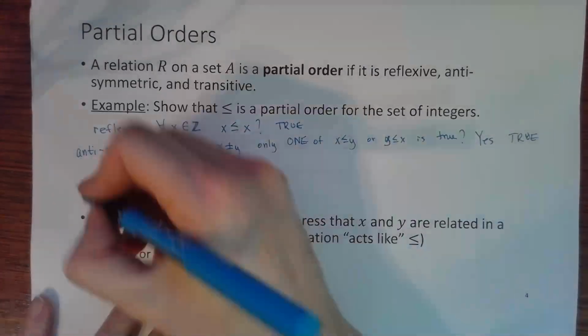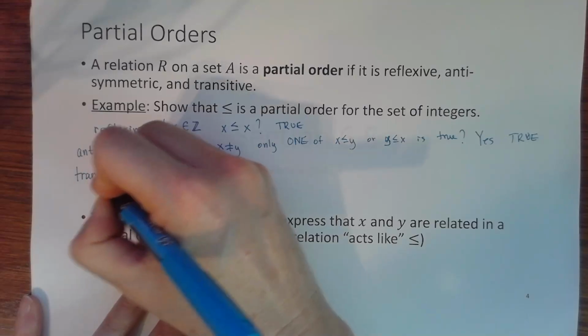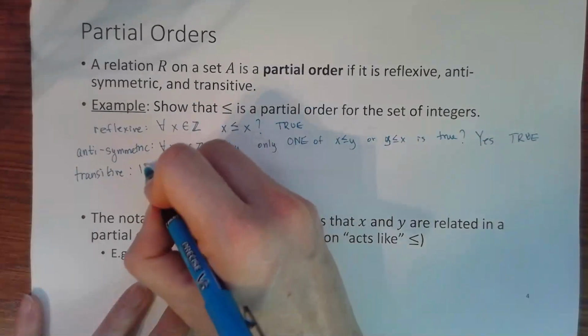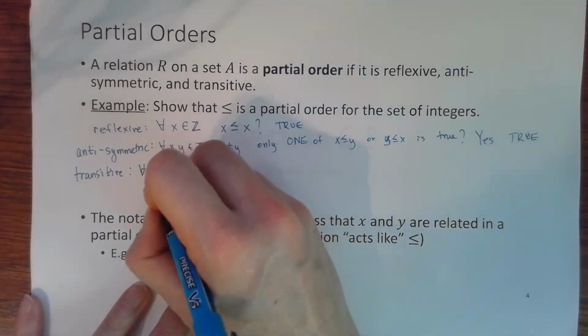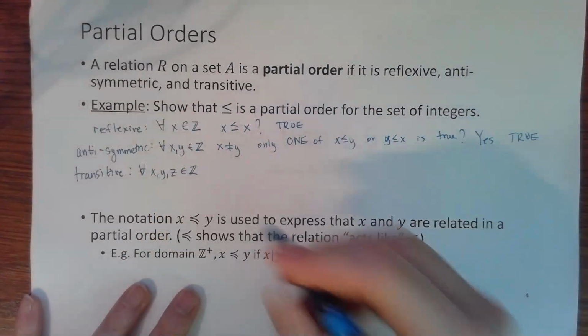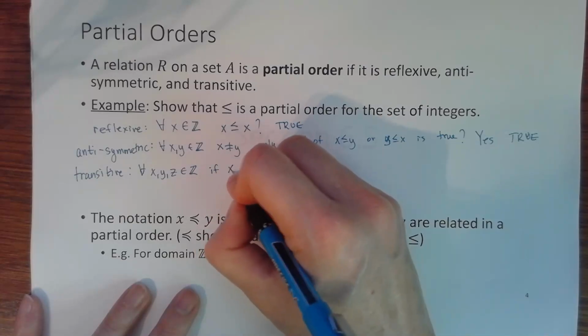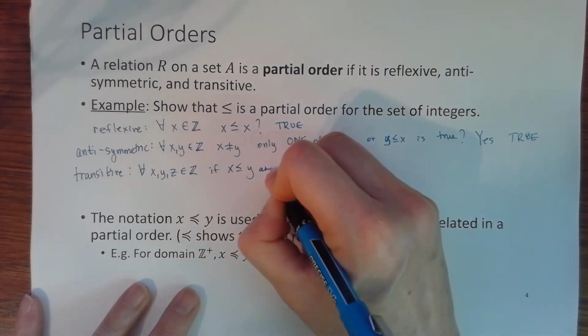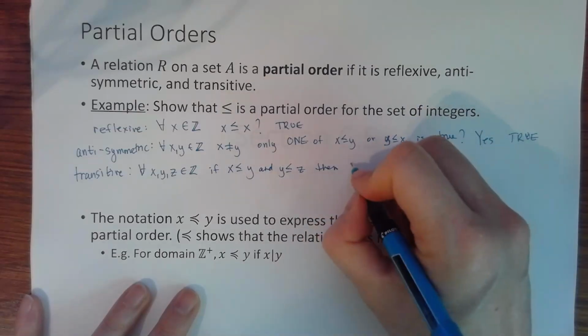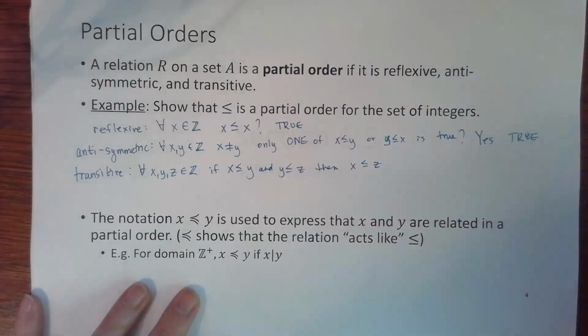And then is it transitive? Okay, well, transitive would mean if I had 3 integers, x, y, and z, that if x was less than or equal to y and y was less than or equal to z, then it would have to be true that x is less than or equal to z.